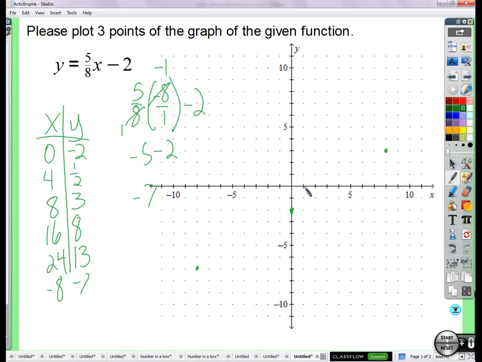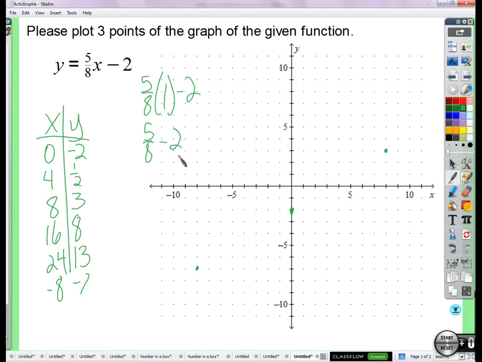If I plug in 1, can I plug 1 into the function? Is it allowed? Certainly it is. Will there be some output? Yeah. Let's see what the output would be and see where that point would land. We'll plug in 1 now. 5/8 times 1 is 5/8, minus 2.